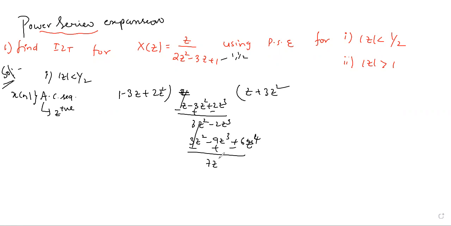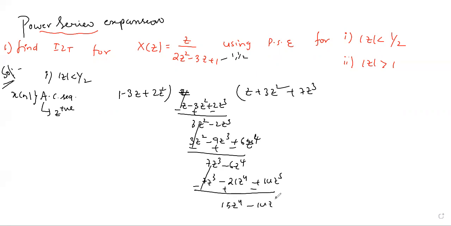9 minus 2 is 7z cube, minus 6z power 4, plus 7z cube. So multiply with 7z cube: minus 21z power 4 plus 14z power 5. Minus, plus, minus: 21 minus 6 is 15z power 4, minus 14z power 5.